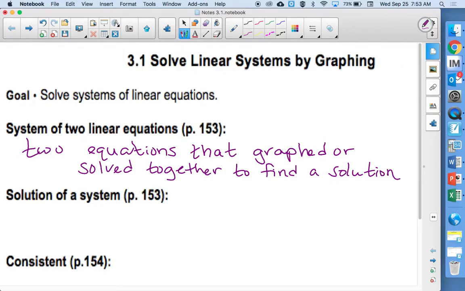Right now we're dealing with two. Next week we'll look at three or four or five, and we'll switch it to an inequality instead of an equation.